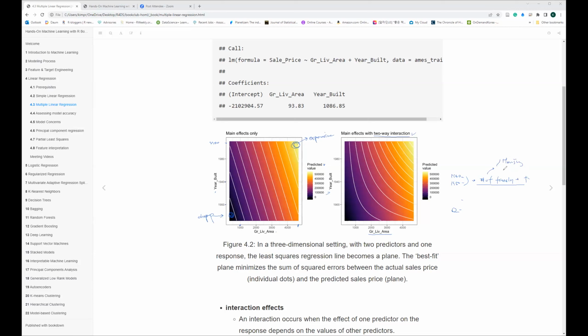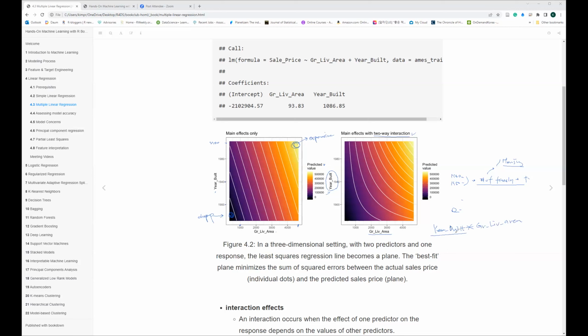So to reflect these kinds of things, maybe we can think about the interaction between these two, which means year built multiplied by ground living area.